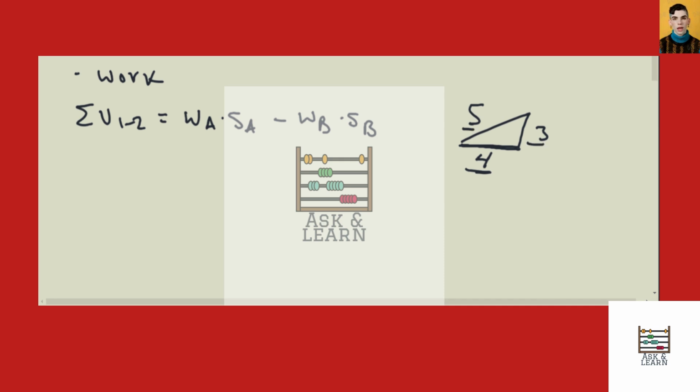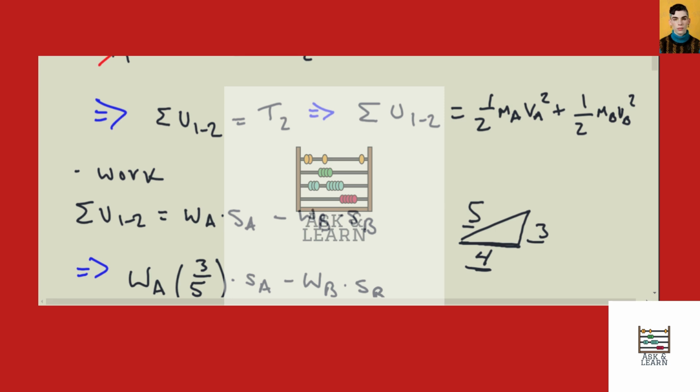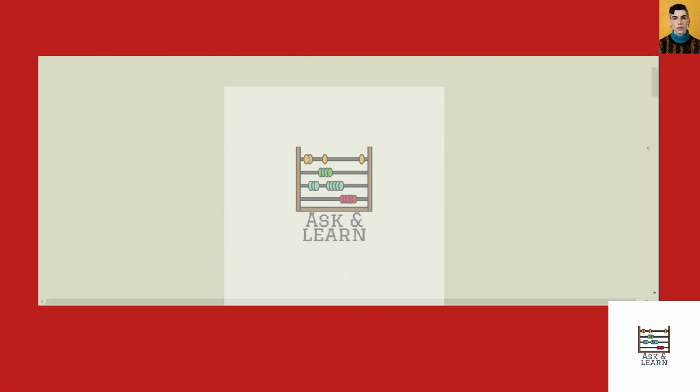So this equation becomes weight of block A times the ratio of 3/5 times SA minus WB times SB. Okay, now we can plug that back in to our equation, this one.